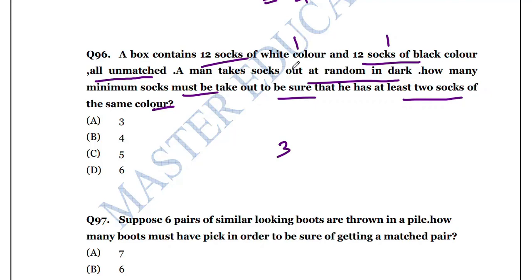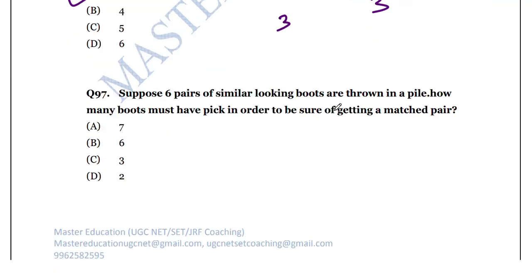It may be either white or black. So if I take 3 socks, surely I will have at least 1 matching color. So at least I have 2 socks of the same color if I take only 3 socks.